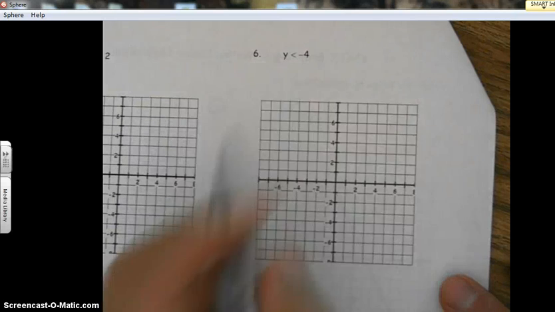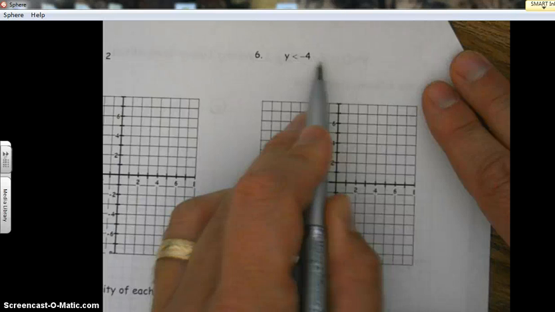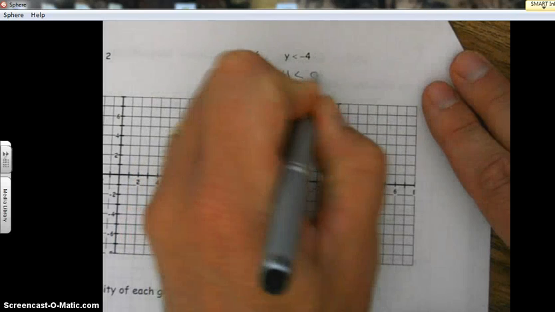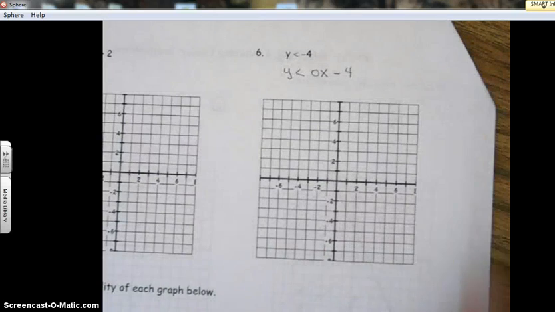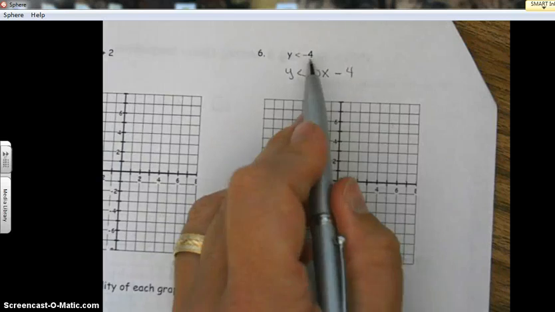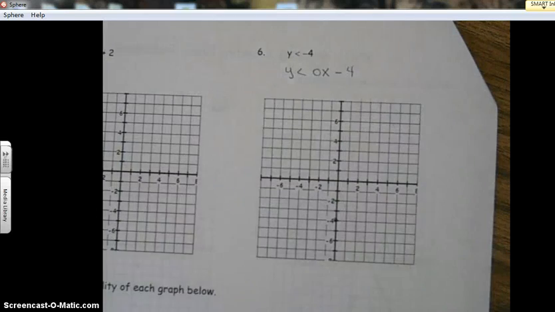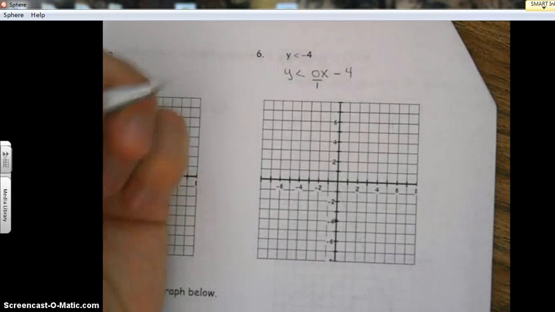Alright, number 6. So y is less than -4. So this is an easy to graph form. What you don't see here is that the slope is 0. Notice the x is missing. So here the slope is 0. So we have our y-intercept of -4. A slope of 0, technically you'd put 0 over 1.